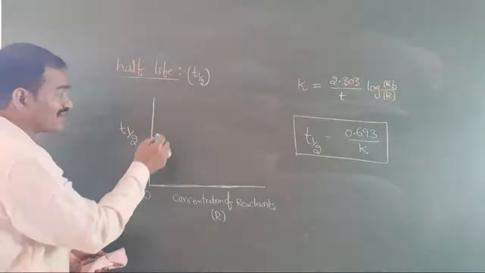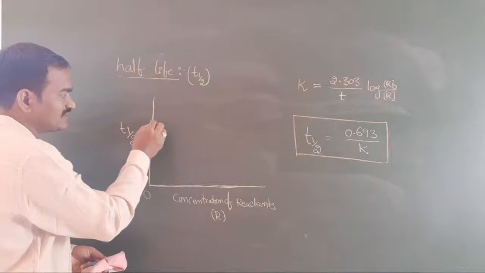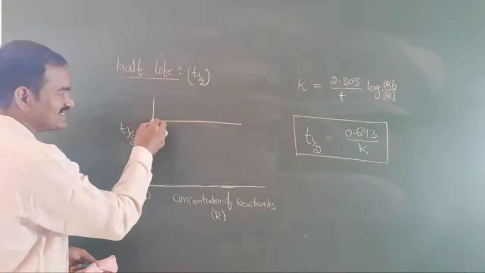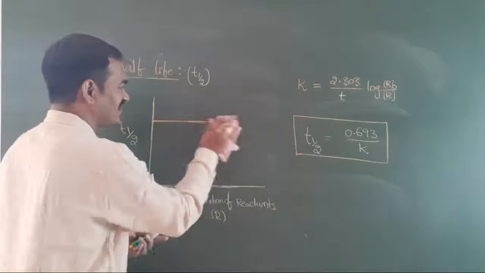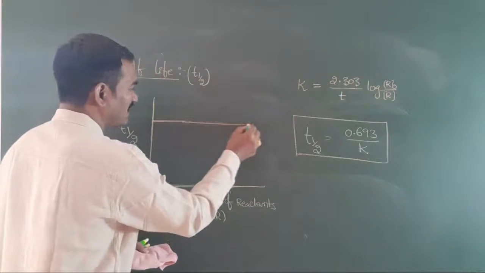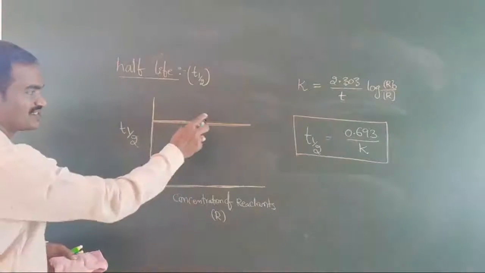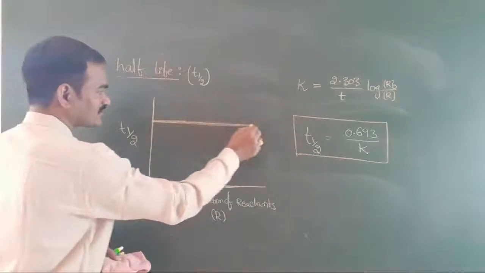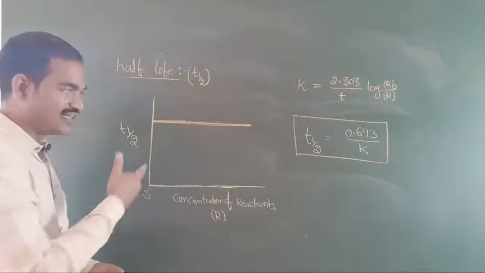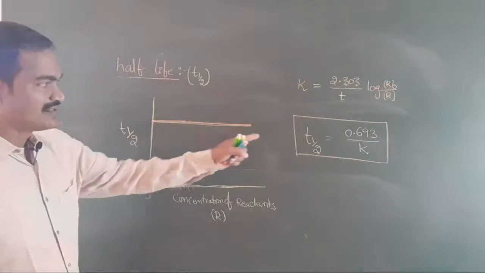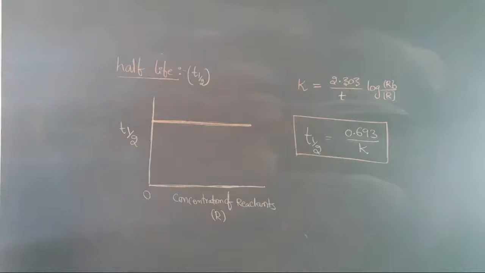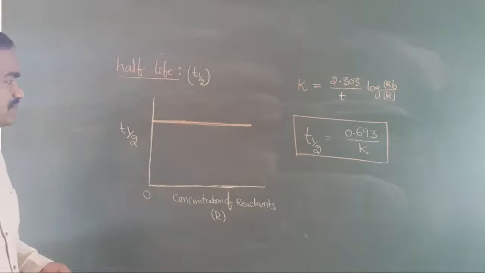Now for the graph, you see how we are getting it here. The graph is coming like this. It's a straight line because it's not at all depending on the concentration term. Nice point, no? Take it down. This is the graph for half-life.